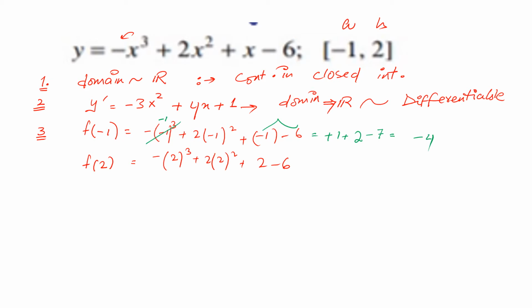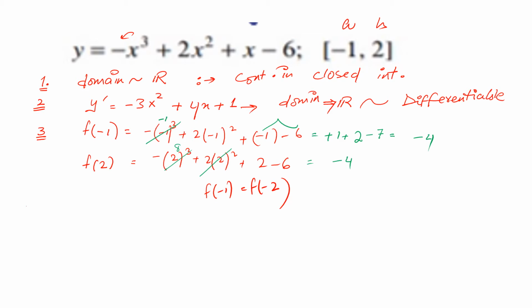Now in the second equation, here you will get -8, and here 2 times 2 squared means 4, 4 times 2 is 8. So -8 and +8 cancel out, and +2 minus 6 gives you -4, which means that f of -1 is equal to f of 2.